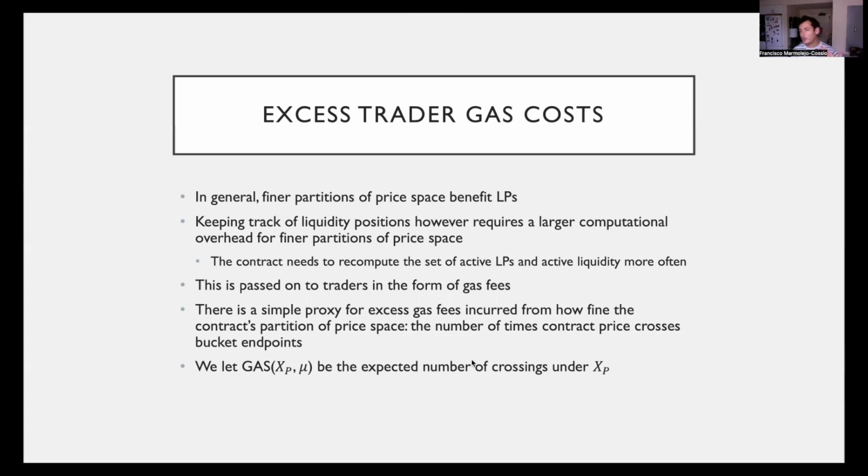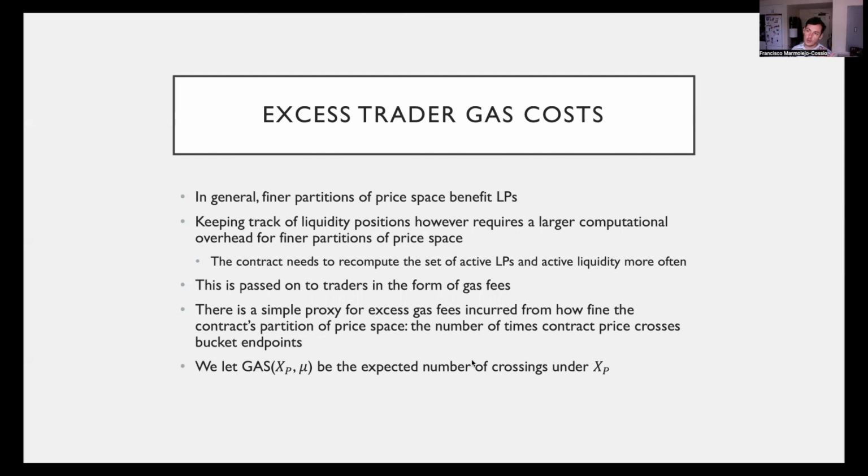And so a simple proxy for this computational overhead is simply how many times a contract market price sequence crosses one of these active ticks. I mentioned before, an active tick is the end point of a liquidity provider's position. It's important to know this because as you go over one of these active ticks, the contract needs to reevaluate what the active liquidity is and who the active liquidity providers are.